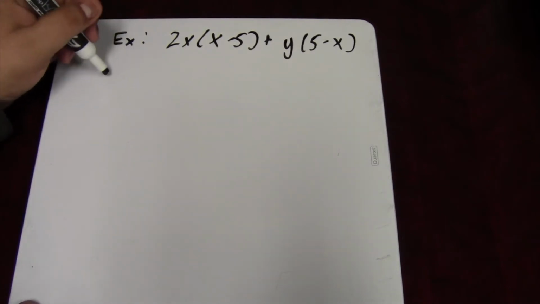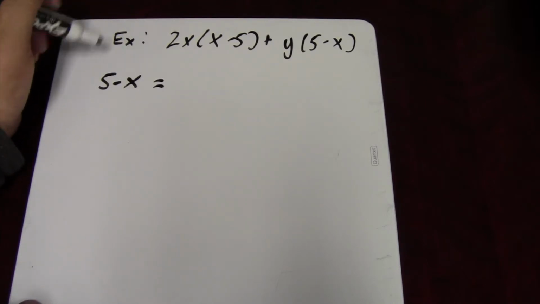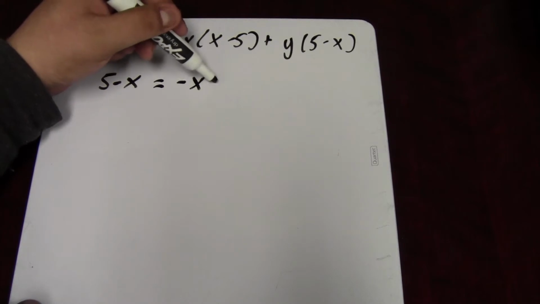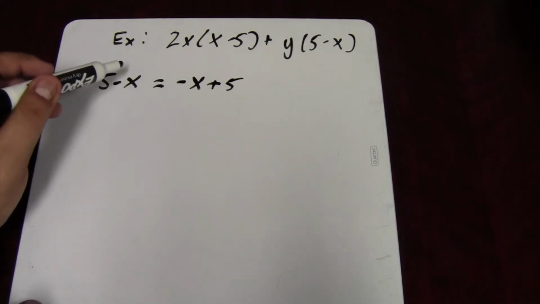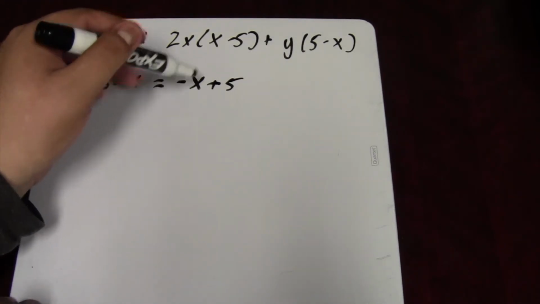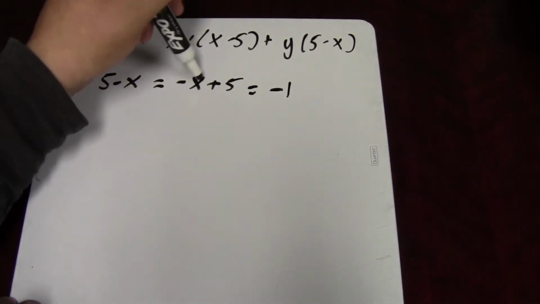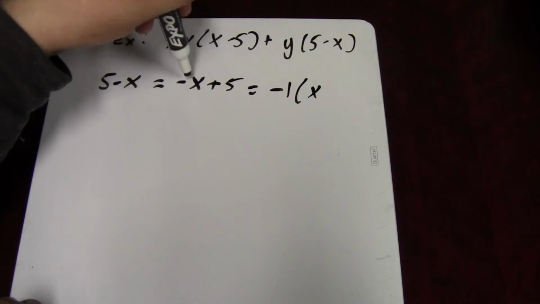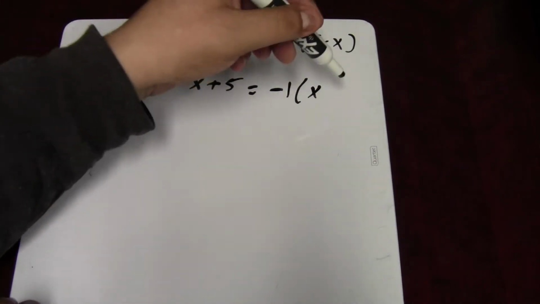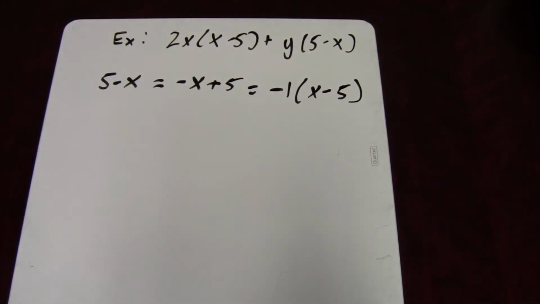Well, let's consider 5 minus x. If we put this negative x in the front, we can say that's just negative x plus 5. These two are equivalent. I'm just writing them in a different order. Well, then I look at this, I say, oh, wait, I can actually take out this negative. I can divide everything by negative 1. And if I do so, I get x, because negative x divided by negative 1 is positive x, and then I get minus 5, because 5 divided by negative 1 is negative 5.